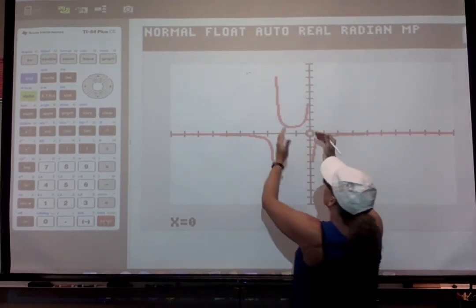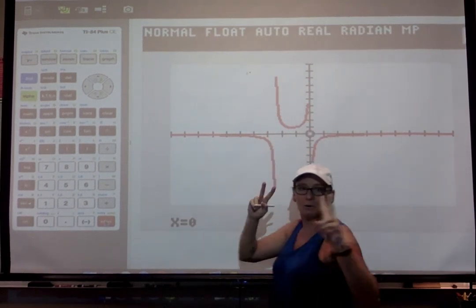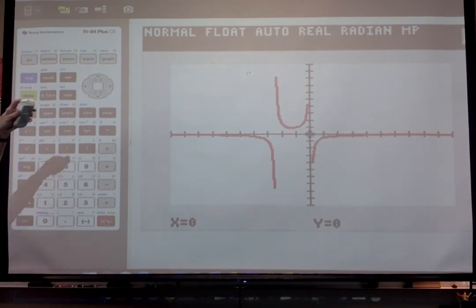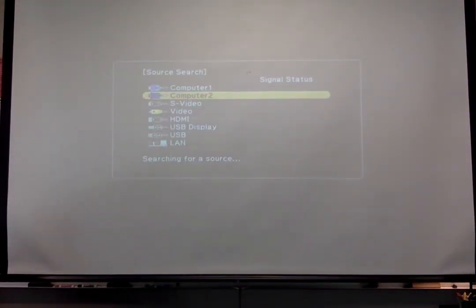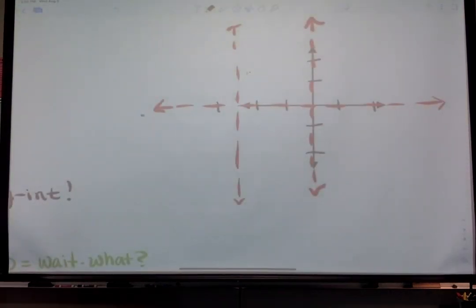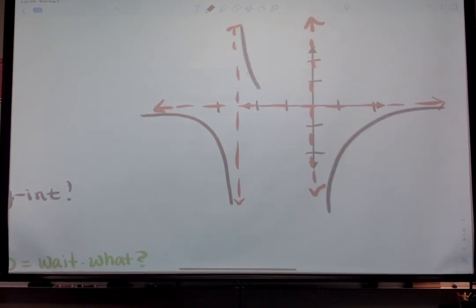And in the upper middle, you've got a parabola looking thing. So boomerang looking down here, boomerang looking down here, parabola looking up here.